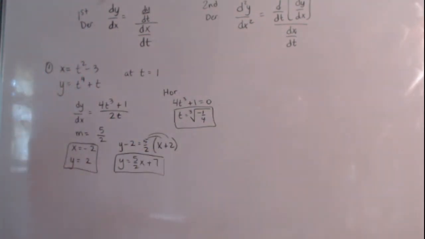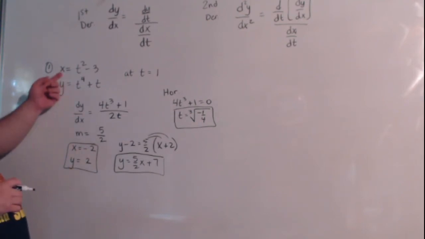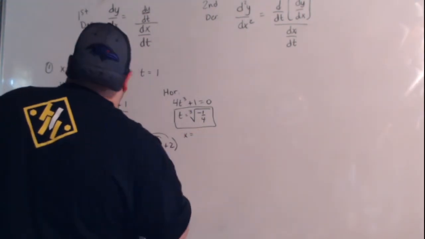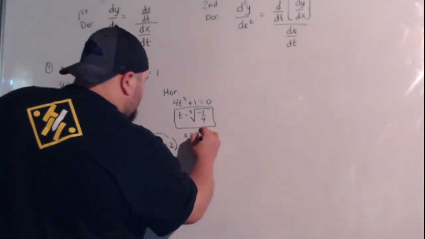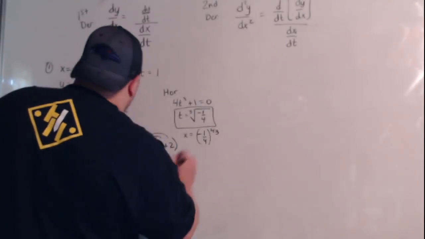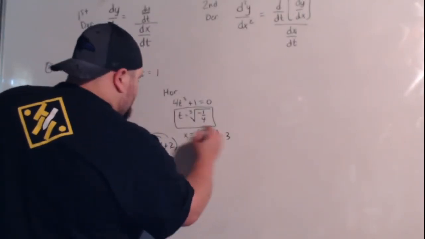And if you wanted you could find x, right? So the value of x there is this to the 2/3 minus 3.